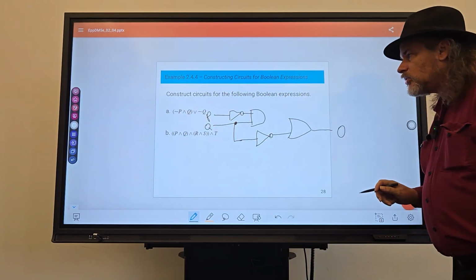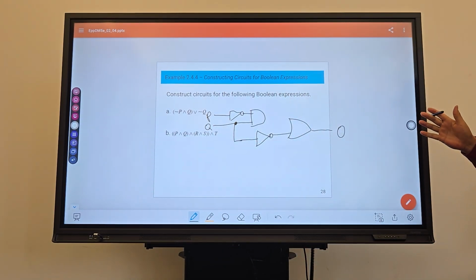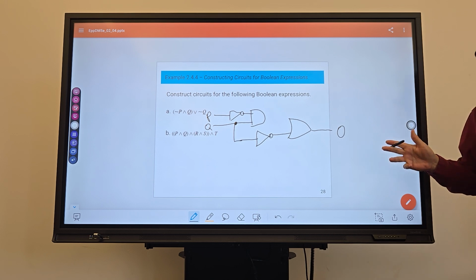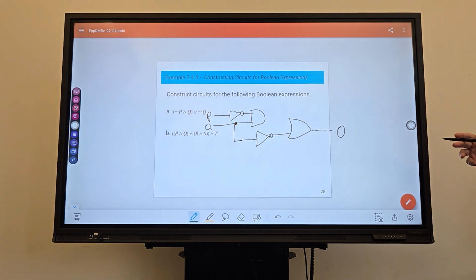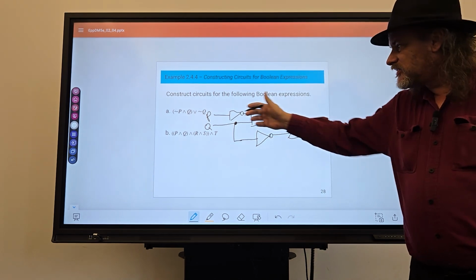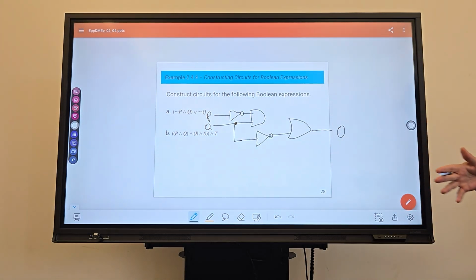So you work from the outside of the parentheses inward, and you construct it right to left, the opposite process as creating a Boolean expression from a circuit.